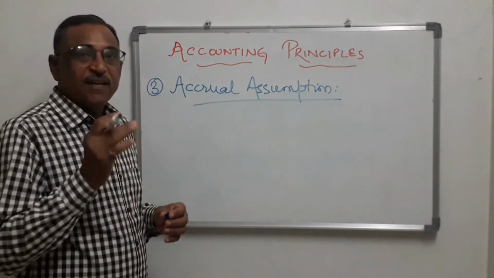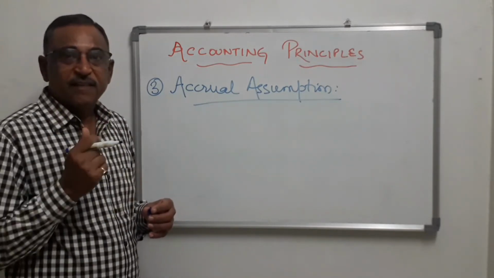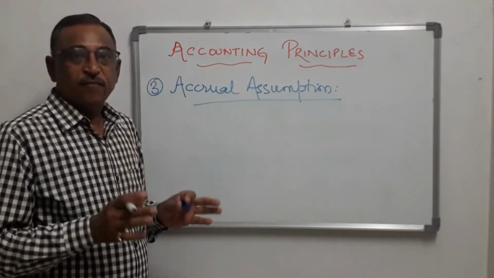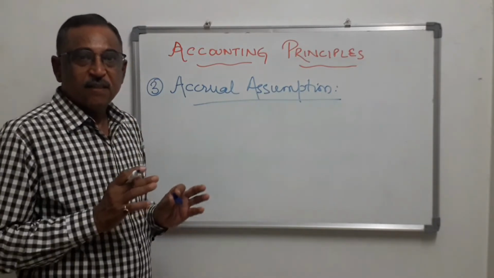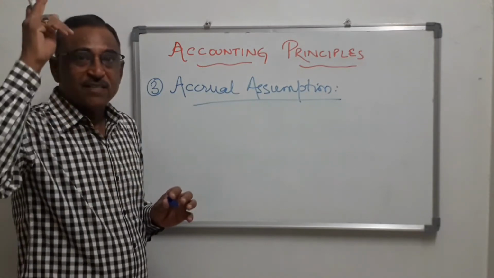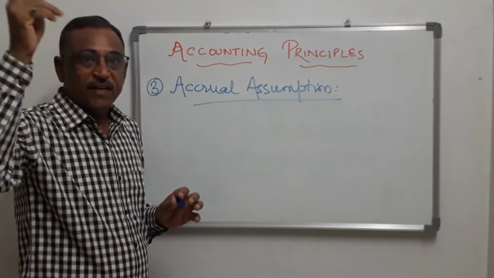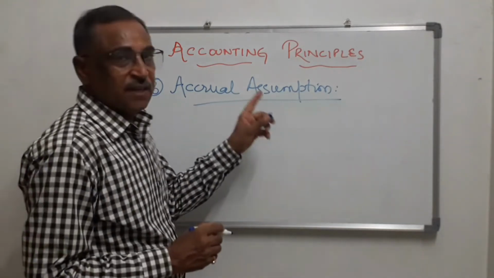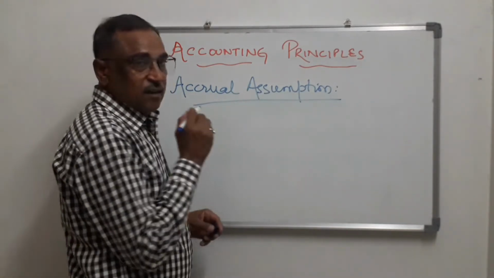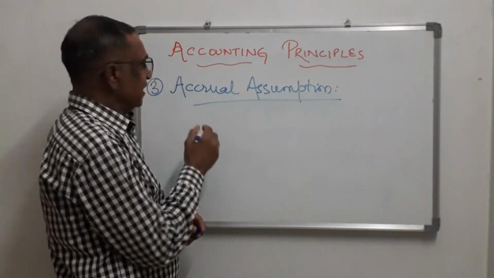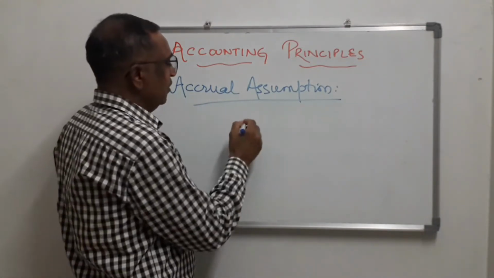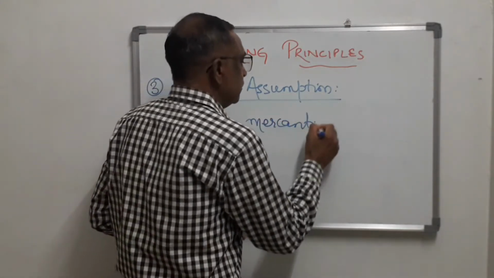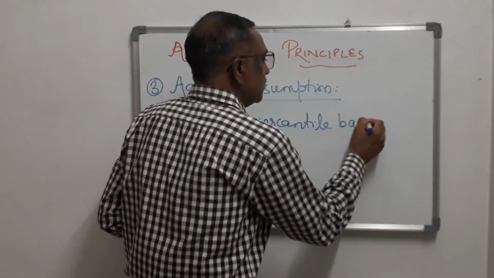Similarly, when you have bought anything on credit, then you have to record it on the date of buying it, not at the time when you will settle it, when you will pay for it. Clear? So we sum up accrual assumption as the assumption in which events and transactions are recorded on mercantile basis. Mercantile basis. Okay?